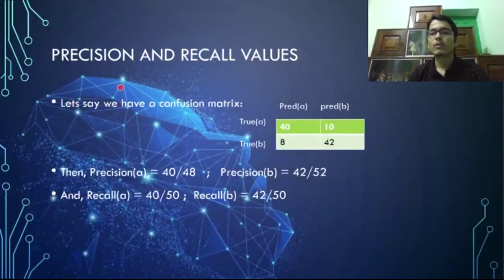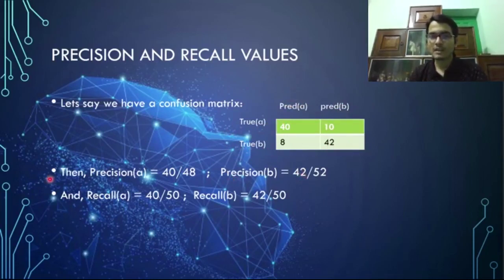The two things we will derive are known as precision and recall values. Let's say we have a confusion matrix with predicted a and b values and true values of a and b. So a is 40 plus 10, that is 50, and b is also 50 cases, and we are doing some misclassification also, 8 and 10.